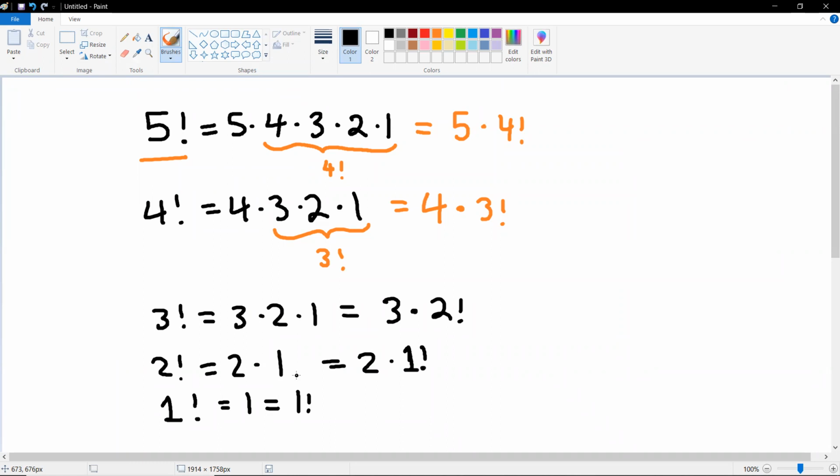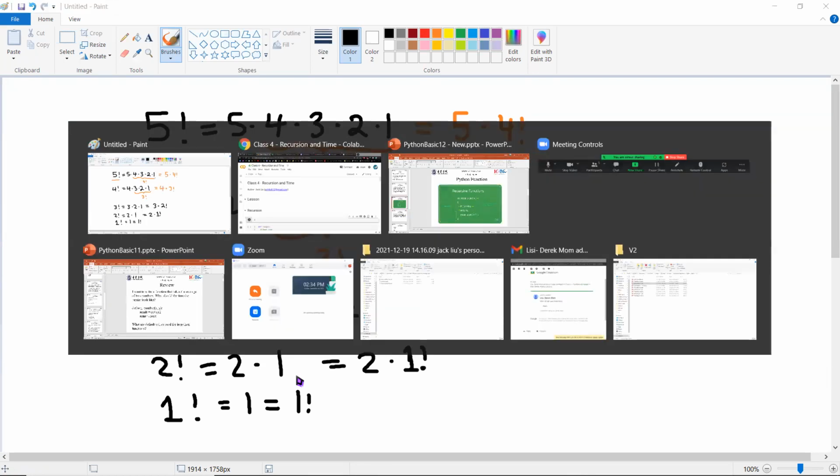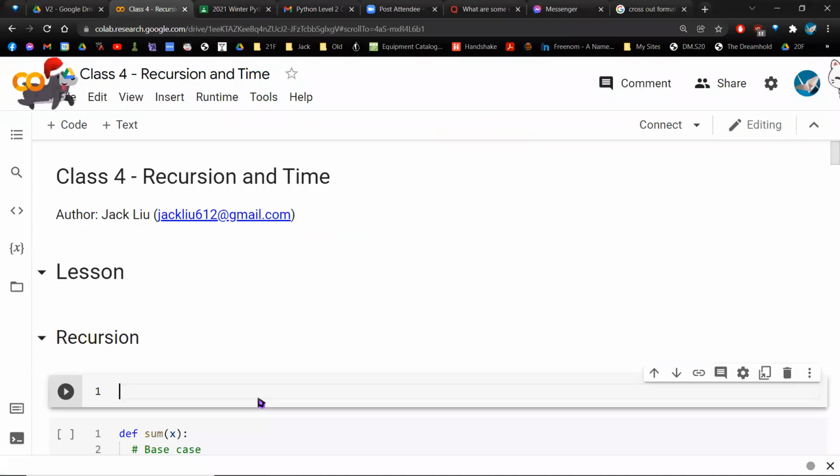We want a function that takes in an input, we can call it x, and it wants to calculate x factorial. Right? And so for the function, we have to say def. I'm going to call it the factorial function. And it's going to take in one input x.